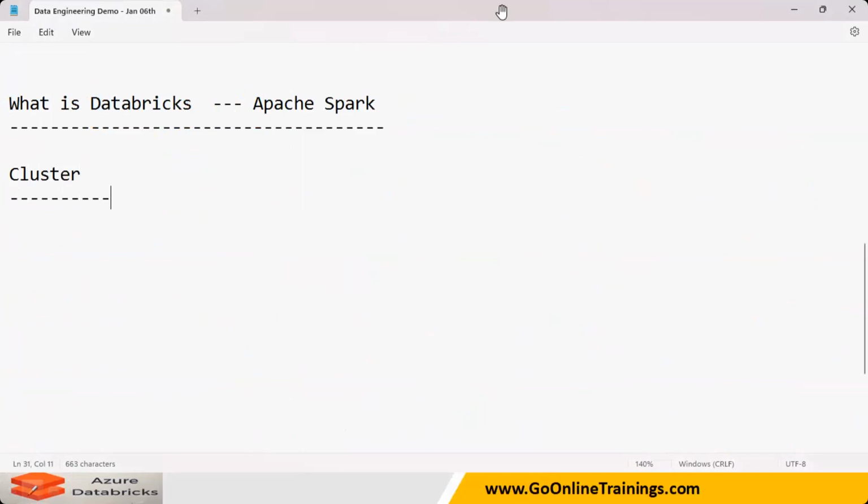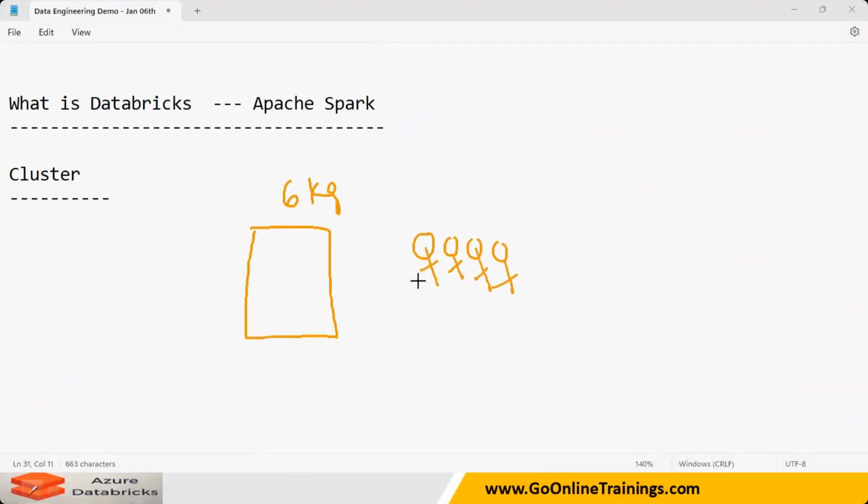Now, you remember, I have one washing machine. Let us say it is a 7 kg or 6 kg washing machine. So four people are there in my family, and I have to wash my clothes. So daily, four people, I'm using a washing machine.